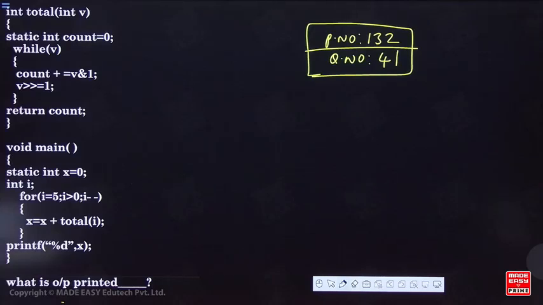Abhay Upadhyay, what is passed in the loop? In the total function, what is the value you are passing? I value is 5. So you take V value as 5. Whatever you are passing from this function total, that is received in V.